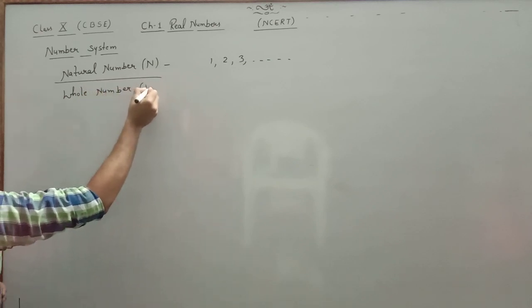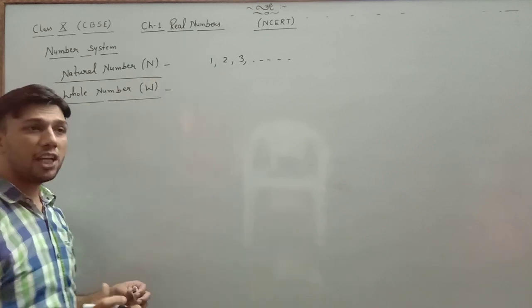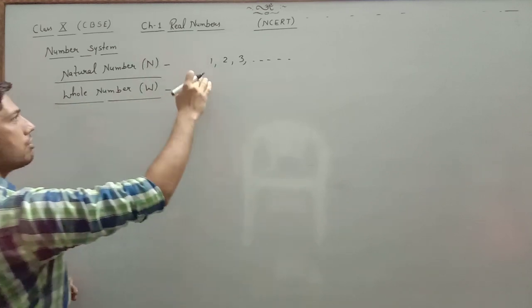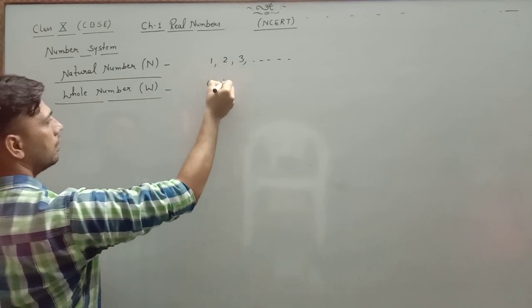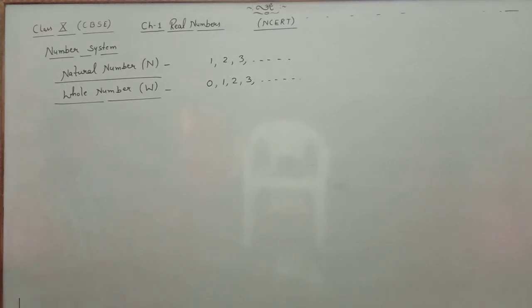Second one is whole number. Whole number is represented by the symbol W. If we include 0 in the natural numbers, then it is called whole number.